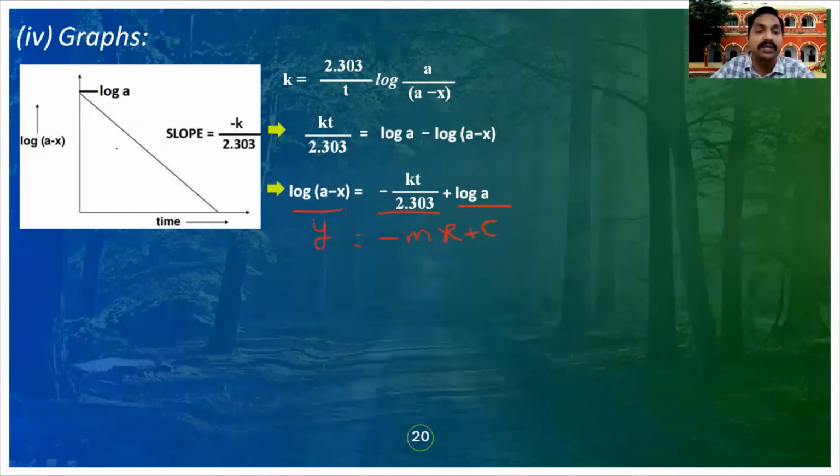So if you plot the graph, what will be the slope? Slope is equal to minus k by 2.303 because slope is equal to minus m here. माइनस m माने माइनस k by 2.303. ऐसे हम ग्राफ देख सकते हैं.